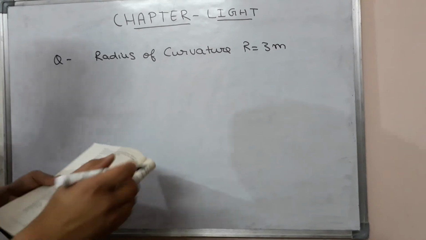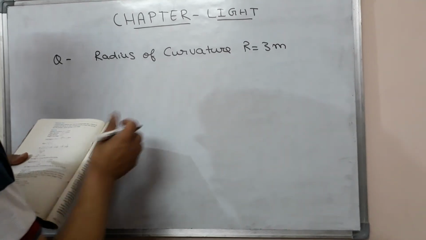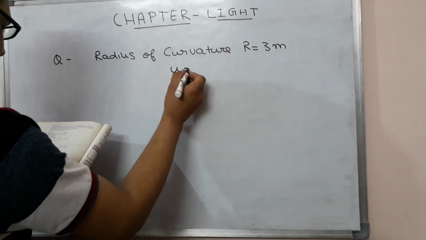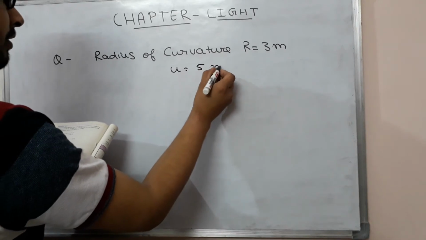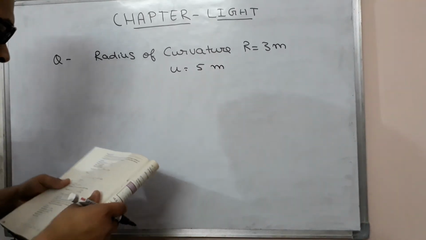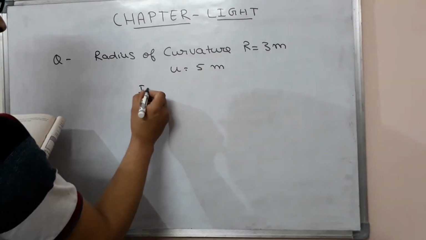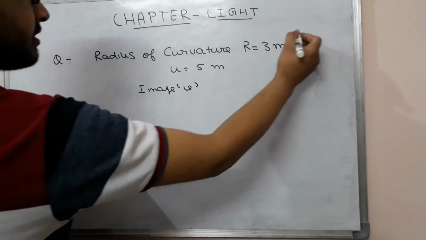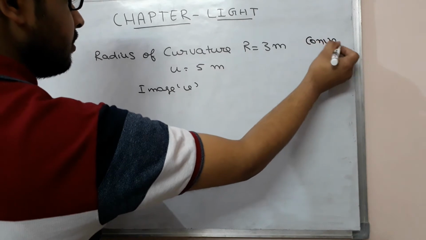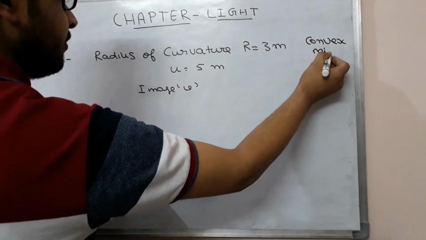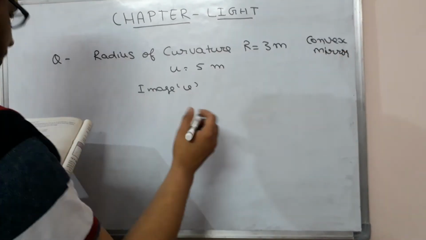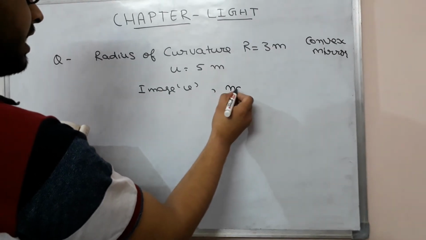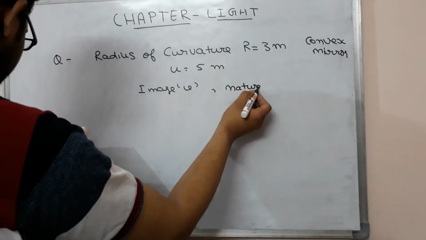If the object distance u is 5 meter, we have to calculate the image distance, that is v. This is a convex mirror. We have to calculate v and the nature and size of the image.